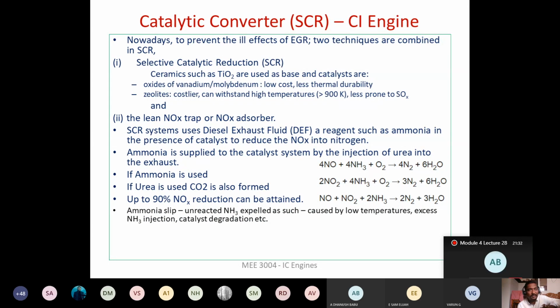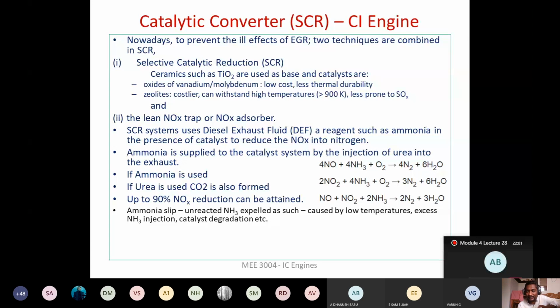Especially when the engine is operating at low temperatures, the ammonia that you are injecting is going to come out. And let us say you are carrying out some emission test and you found that there is a presence of NOx, and you want to reduce the NOx in the engine exhaust, so you increase the amount of ammonia that is injected. So when you supply excess amount of ammonia to bring down the NOx level, then that will have a bad impact.